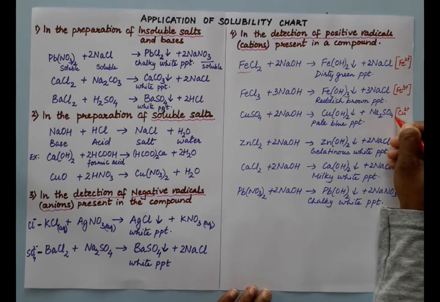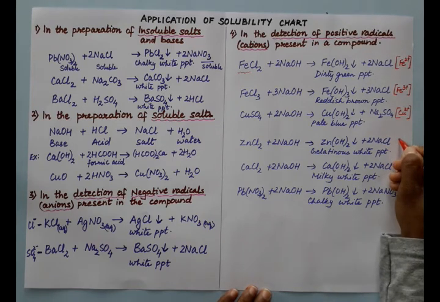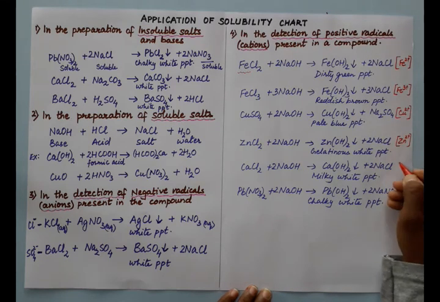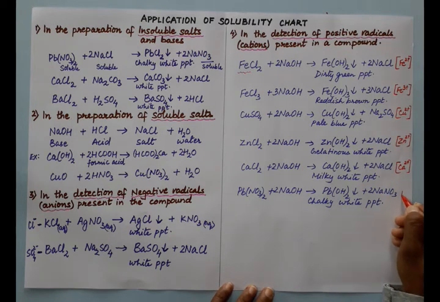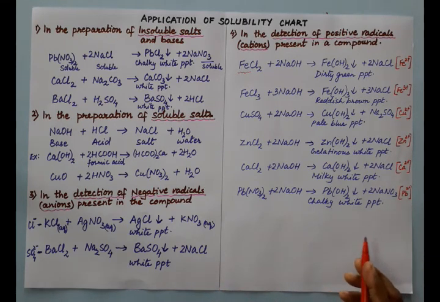So these are the detections of these cations. Here zinc, gelatinous white precipitate; then calcium, milky white precipitate; and here lead, chalky white precipitate. So by this we can detect cations.